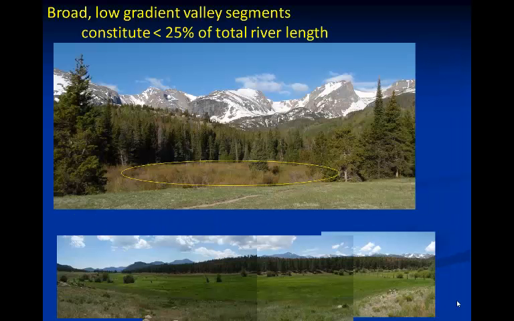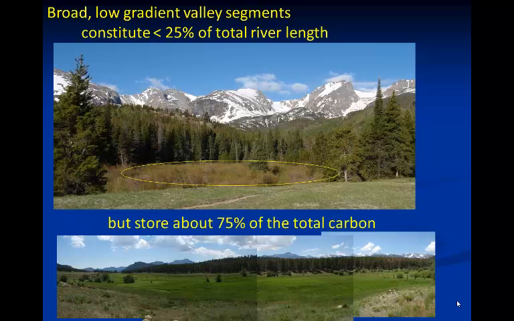So another way to express this, those broad, low gradient valley segments constitute less than a quarter of the total river length. If you look at how extensive they are up and downstream and the river network as a whole, they're not very common. But when we extrapolated from our measurement sites based on that proportion of the river network that those types of valley segments occupy, they constitute less than a quarter of the total river length, but they actually store 3/4 of the carbon stored in the valley bottom.